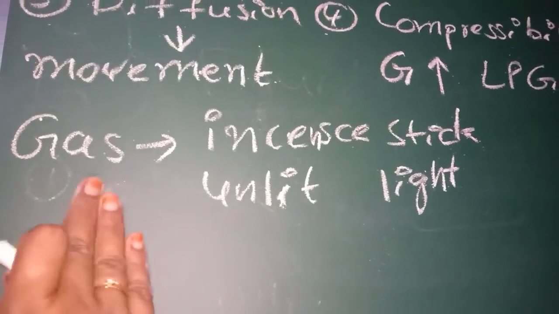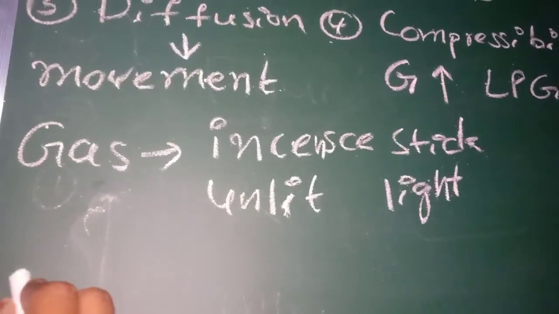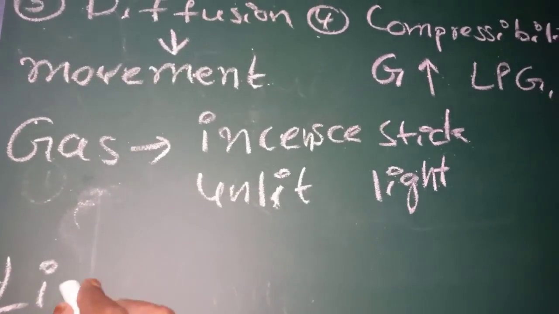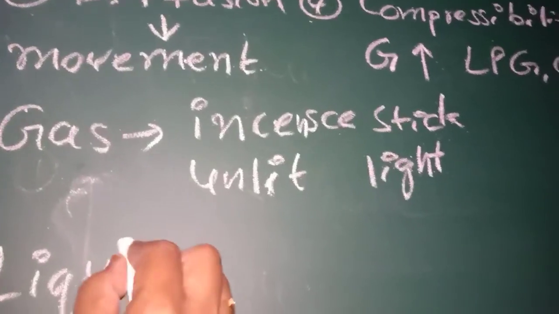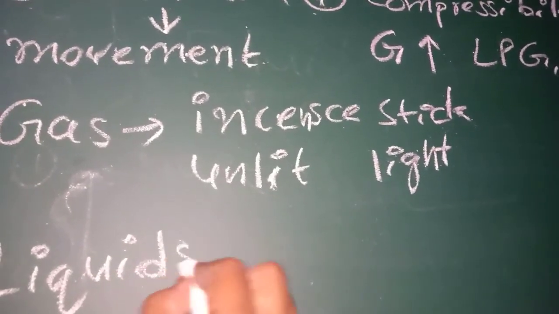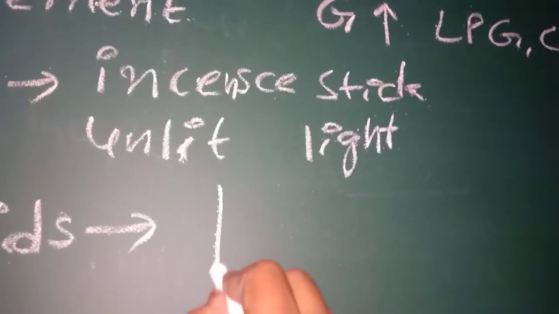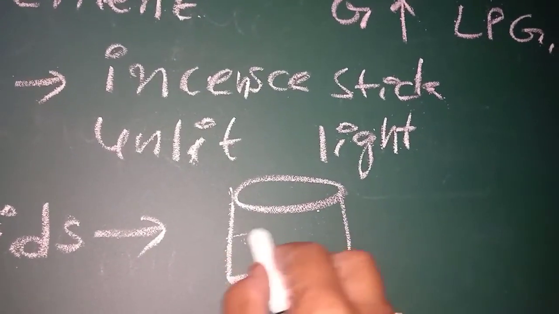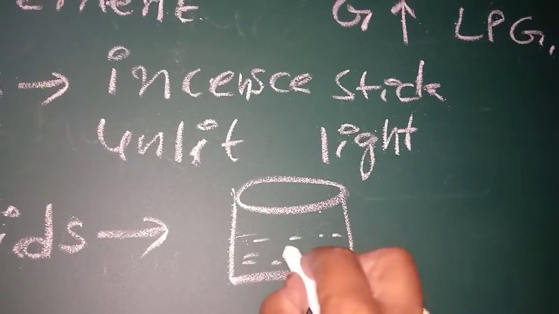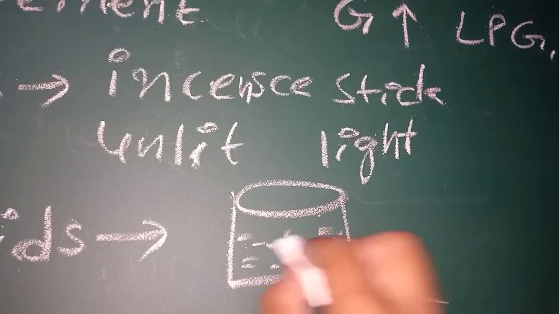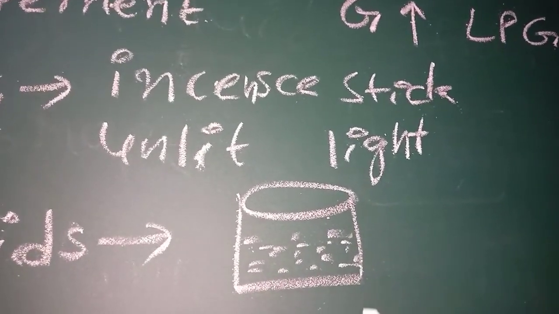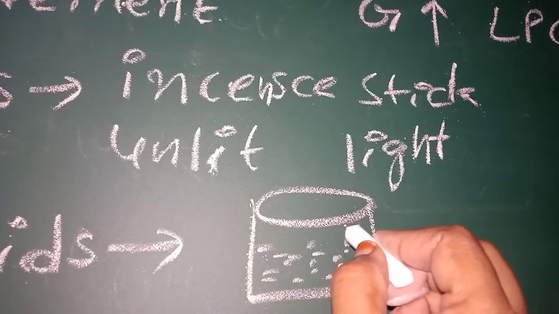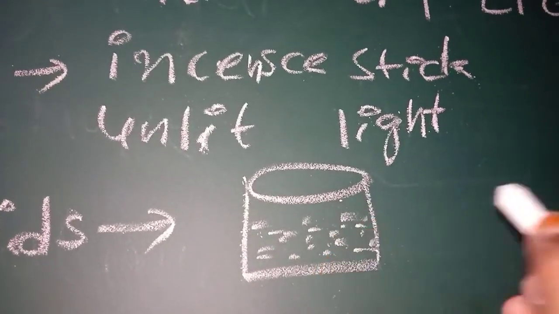Now the second one, we take liquids. Take one beaker, add some water in it, and now take a dropper and add some ink drops in this water.